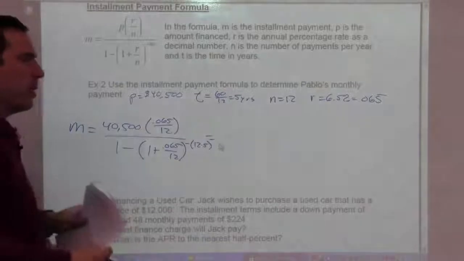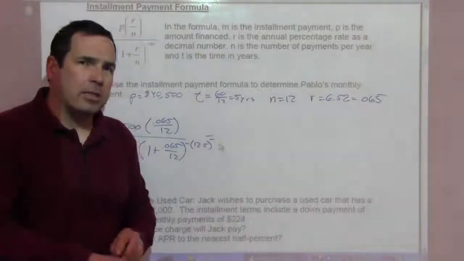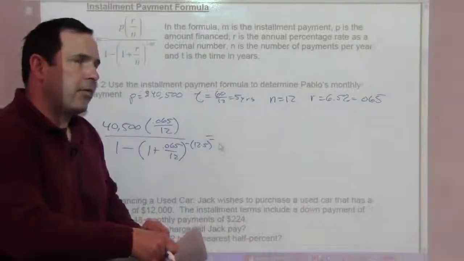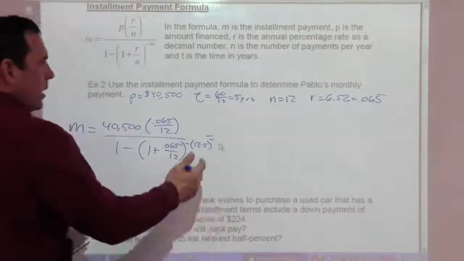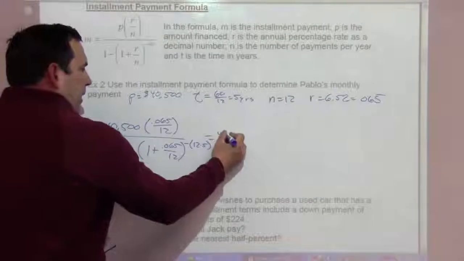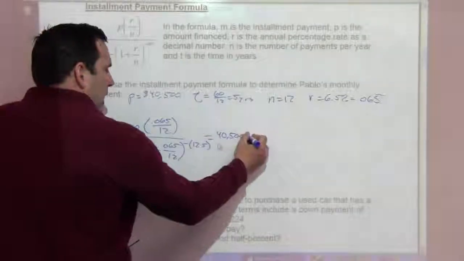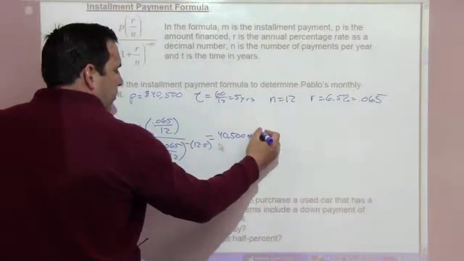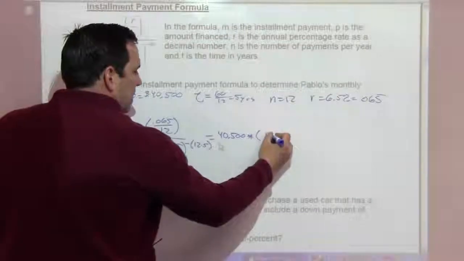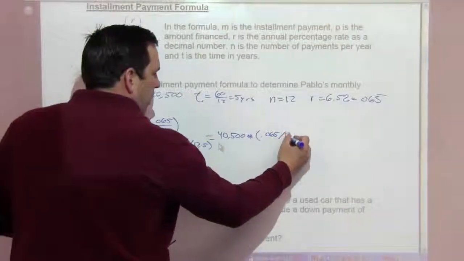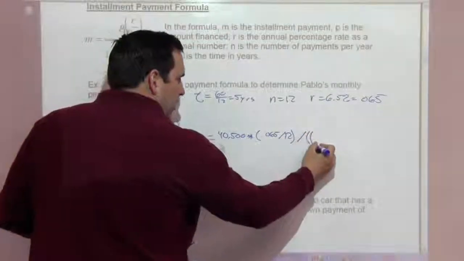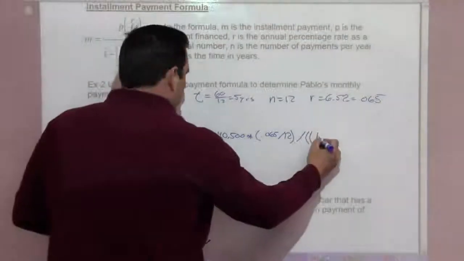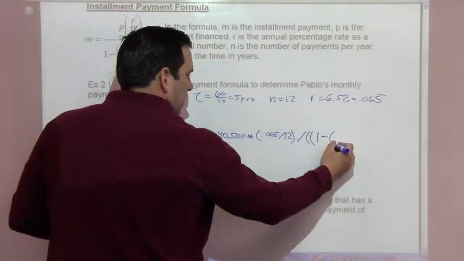Now in the calculator, if you're using a TI-30 series calculator instead of a TI graphing calculator, I say TI because I mostly use TIs. You're looking at 40,500 times, parenthesis, 0.065 divided by 12, close parenthesis, divide by, do a double parenthesis, 1 minus, parentheses.